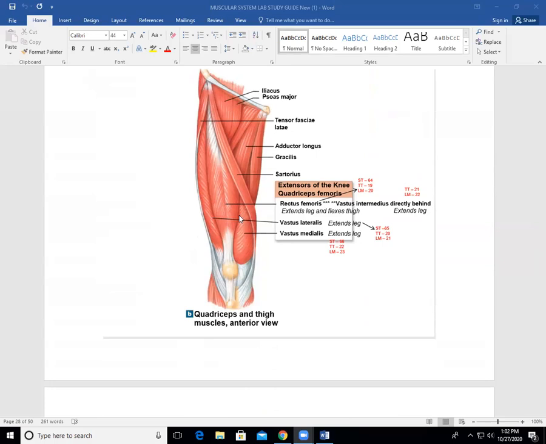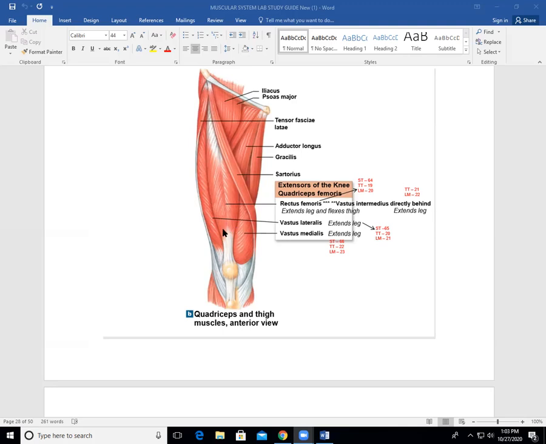All right, so, all right, flexes your thigh, but also extends the leg. So you're kicking, okay? All right. So, yeah, flexes the thigh, extends the leg, okay?